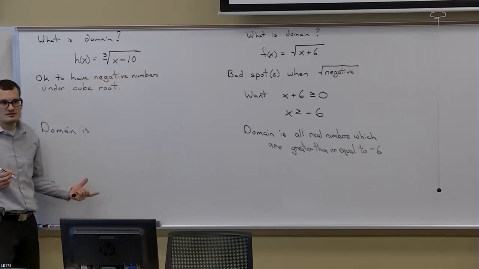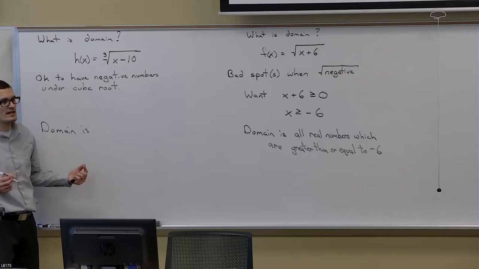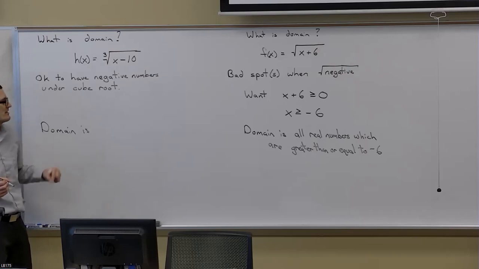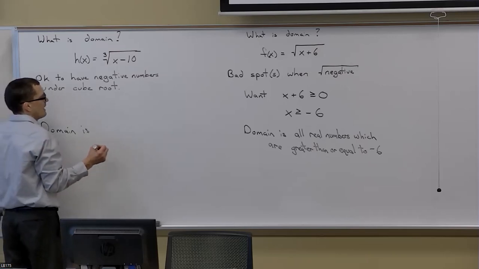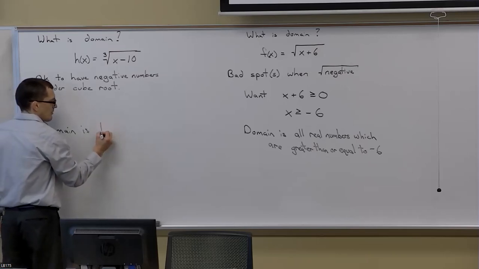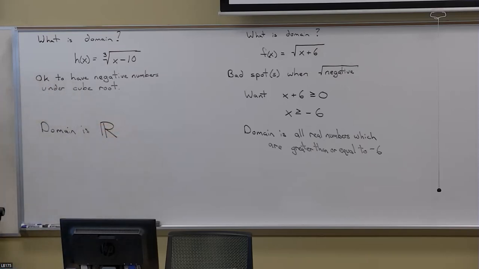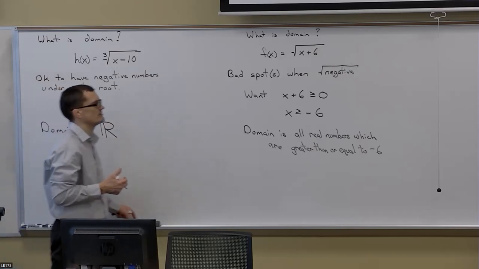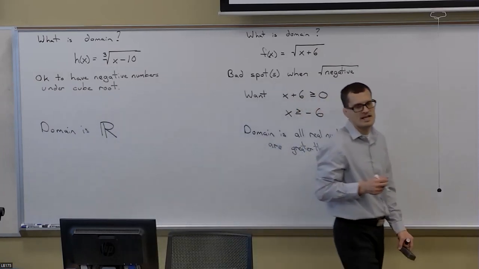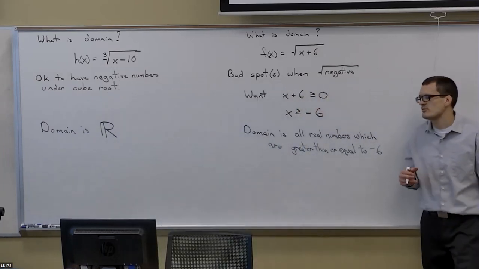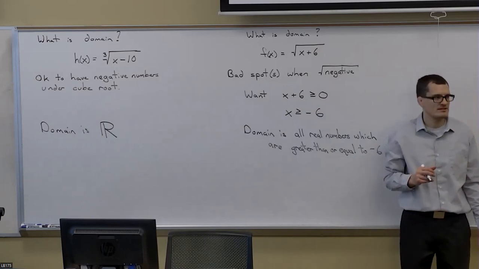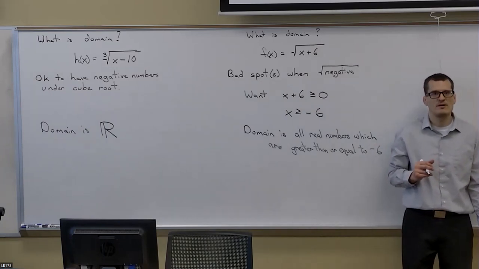Then there's really no issues here. Anything I plug in is going to be acceptable. So the domain there is all real numbers. Or let me just shorthand it so I don't have to write as much. Remember that symbol stands for all real numbers. So square roots, I want to avoid negatives under. Cube roots, not that big of a deal to have negatives under there.